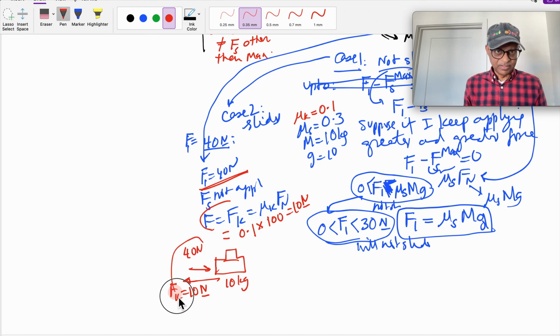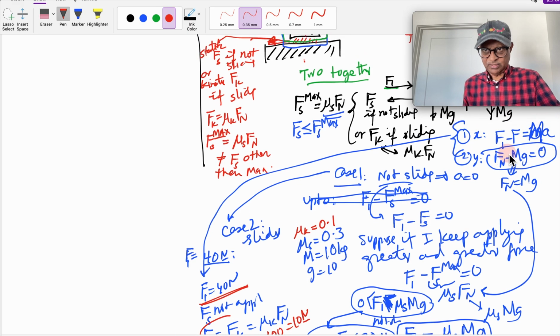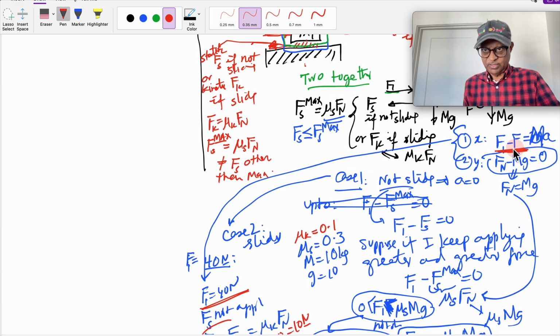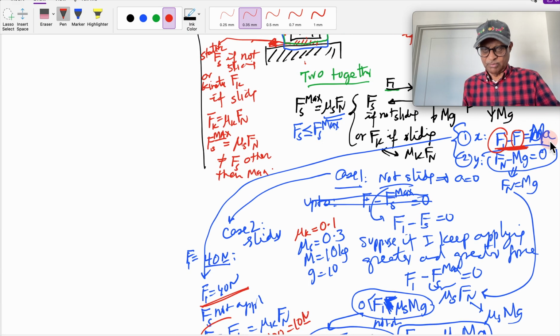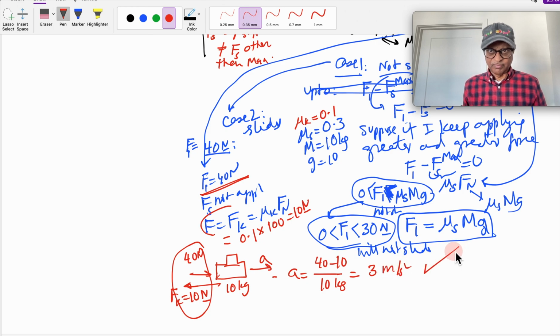Of course, you've got leftover force. That means acceleration that way, acceleration will be 40 minus 10 over 10 kilogram, and that just becomes 3 meter per second squared.